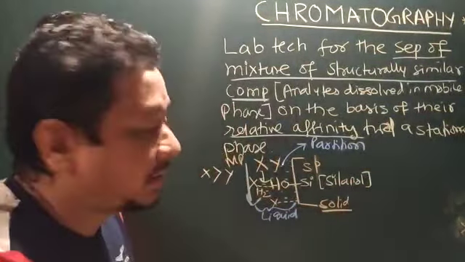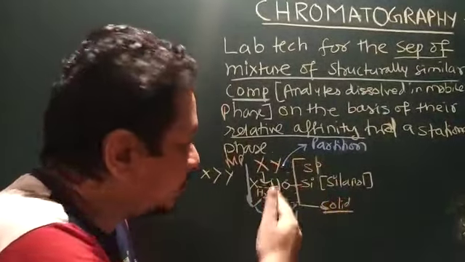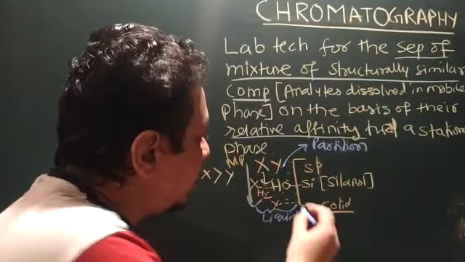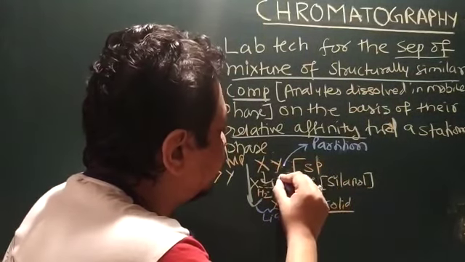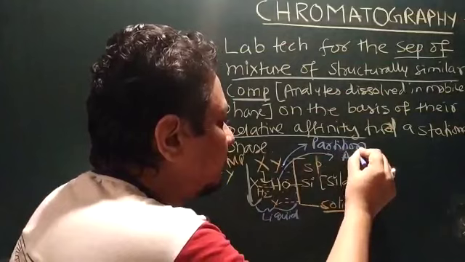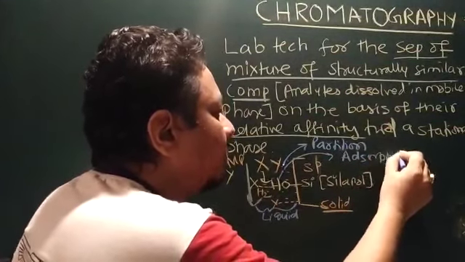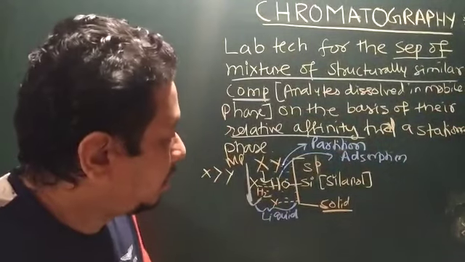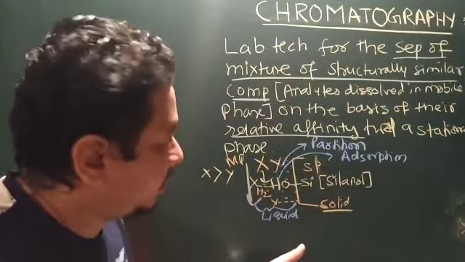So first, there should be partition, and the second thing is the formation of bond, that is nothing but your adsorption. These two are important phenomena in separating the structurally similar compounds with the help of chromatography.